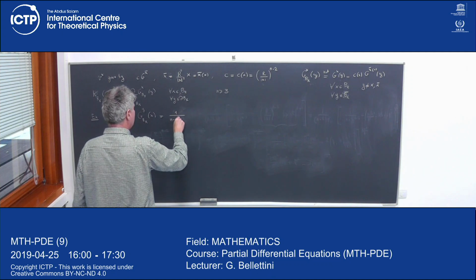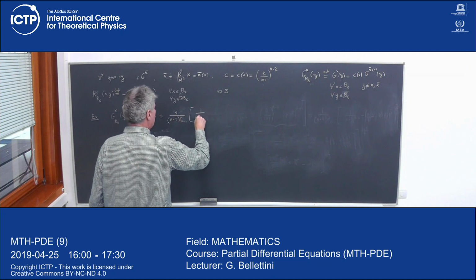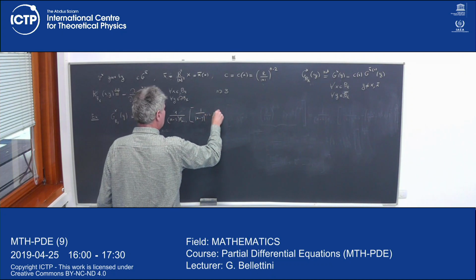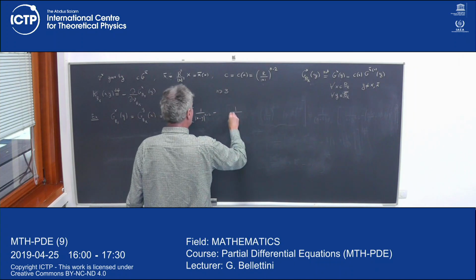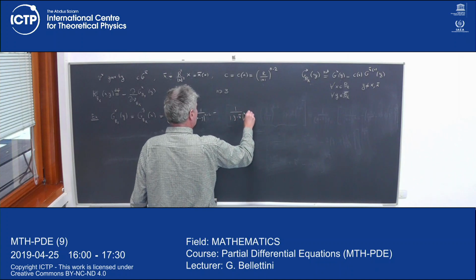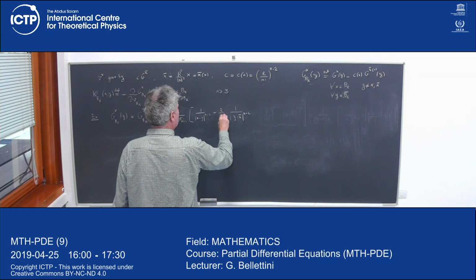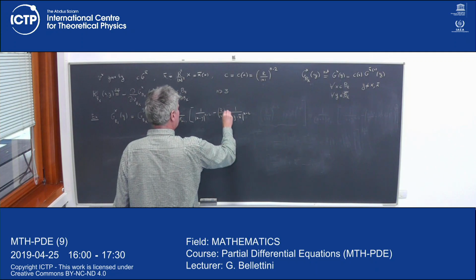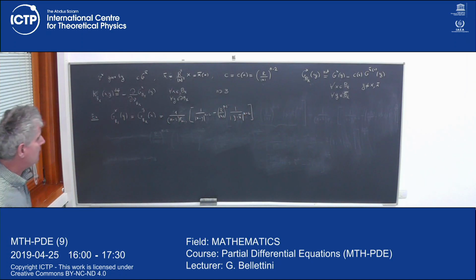Let me write it more or less in dimension larger or equal than 3: minus 1 over y minus x bar to the n minus 2, and then there is this r over x to the n minus 2. I think the next exercise was to take the gradient with respect to y.